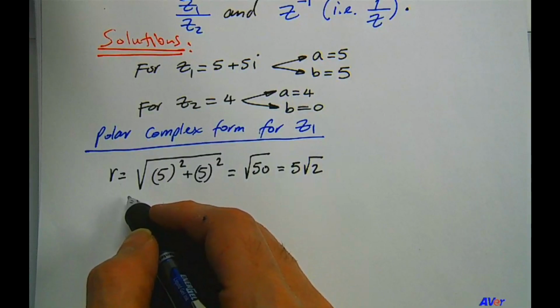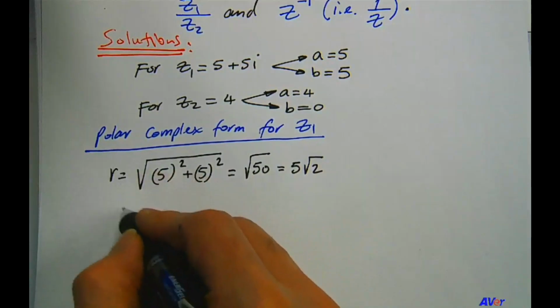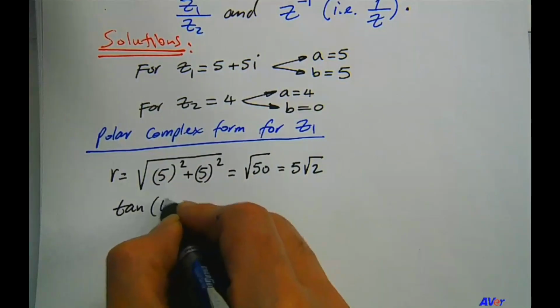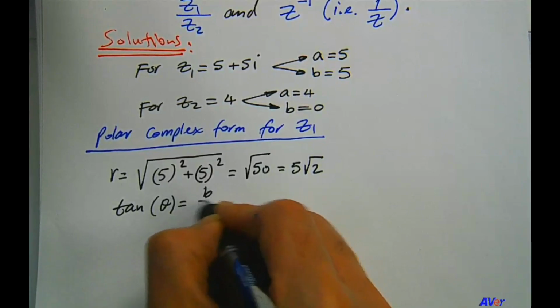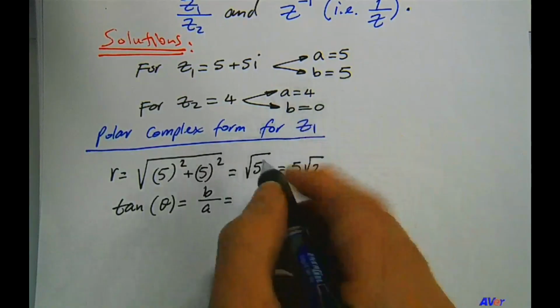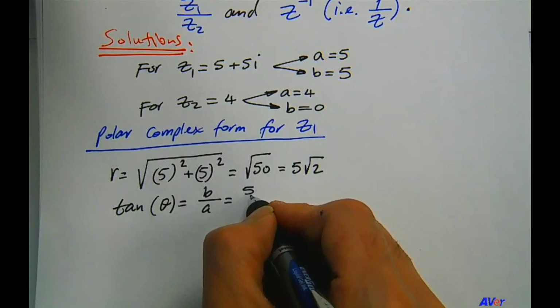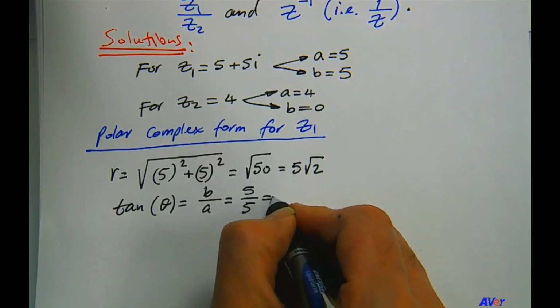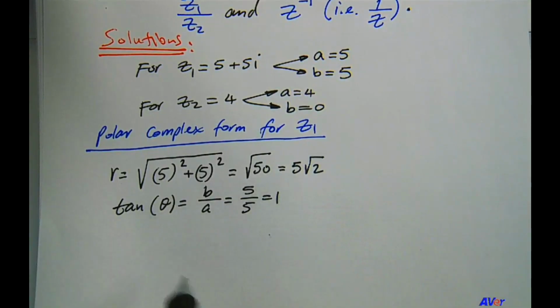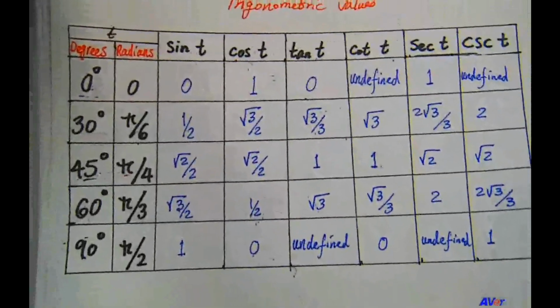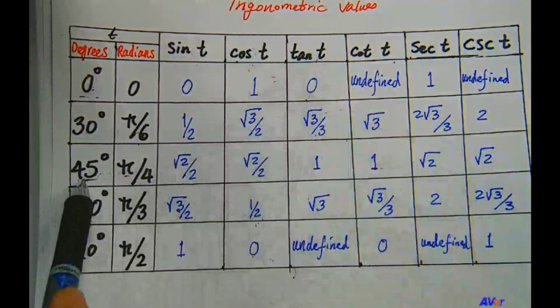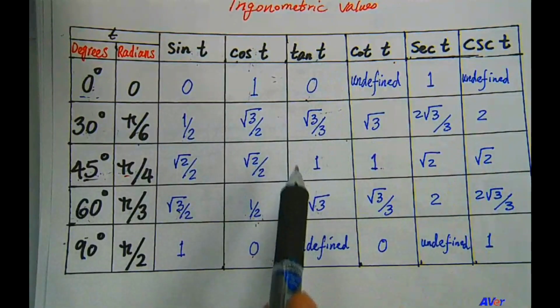What about the theta? So we need that too. We know that tangent of theta is equal to b over a, or 5 over 5, or 1, right? So this looks familiar, right? Tangent of what angle is equal to 1?